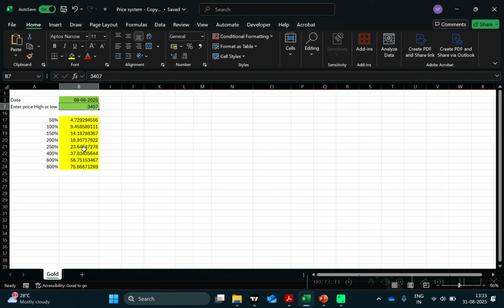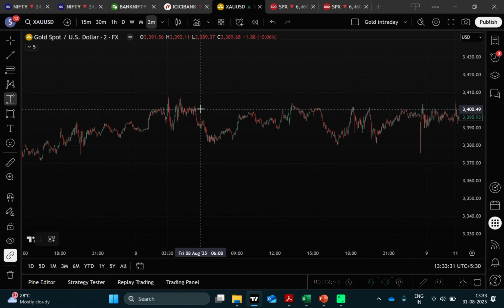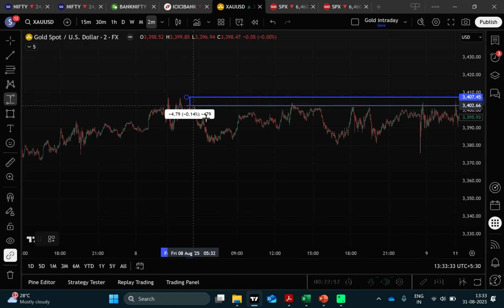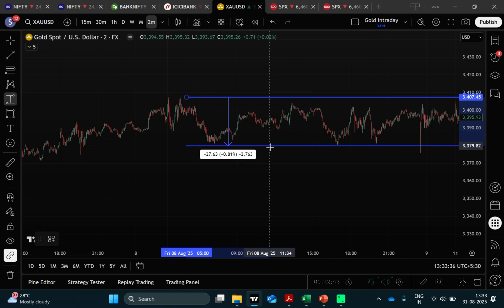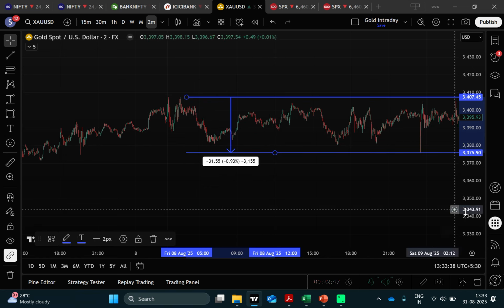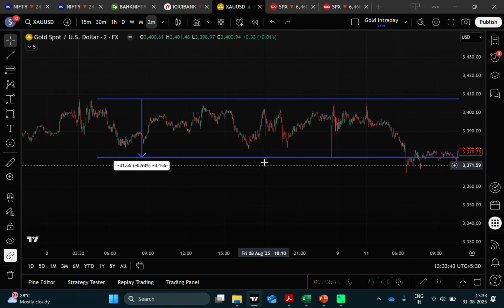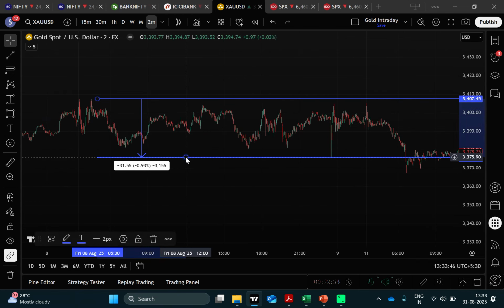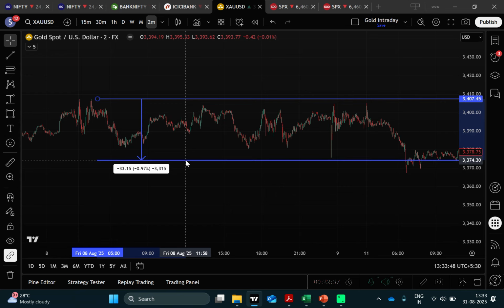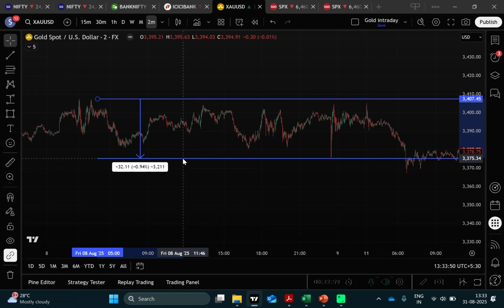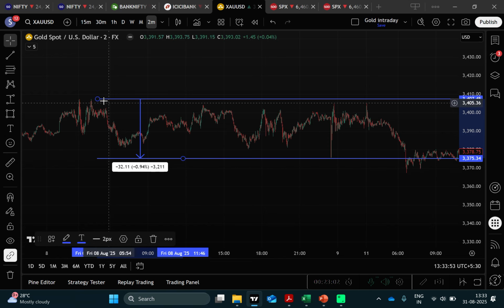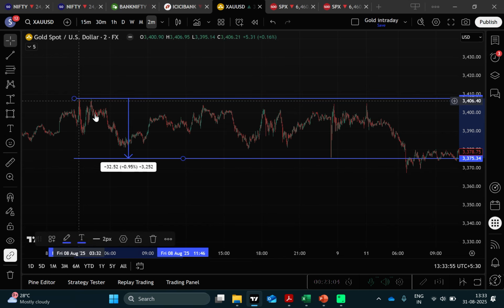Okay, we have a lesser range, so we need to take like 23 and 38. What we got here is like 32 points. Market was very volatile and choppy this day.